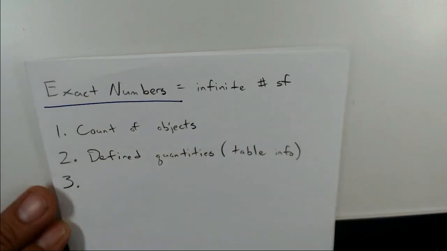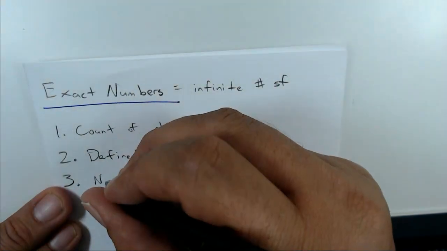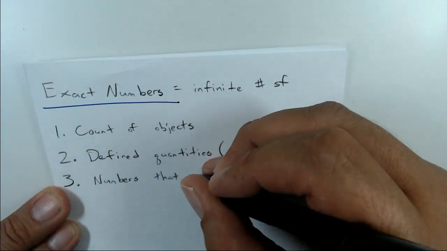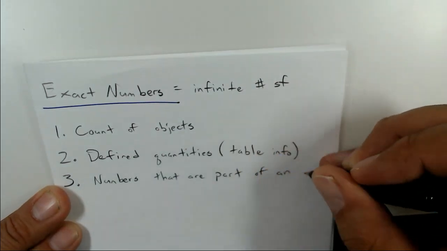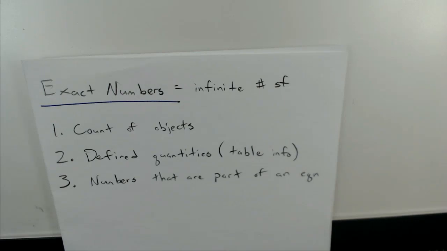All right, the last one, we don't see it too much in this class. You see it a little bit in Chem 122, and this is numbers that are part of an equation. So for example, if we're calculating, say, wasn't there an equation pi r squared?